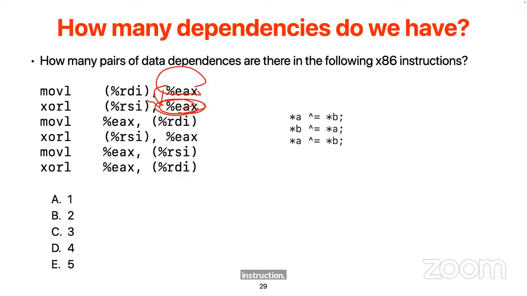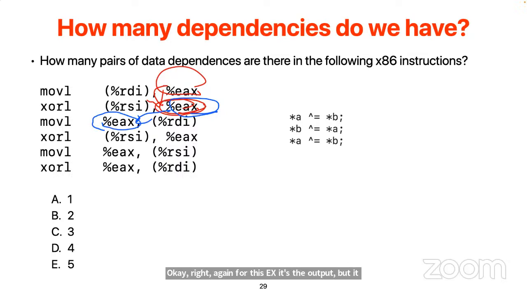Who else? The second EAX? Okay, right. Again, this EAX is the output, but it also serves as the input of the third instruction. Okay, who else? The third and the fourth, where do you think you are seeing the connection?